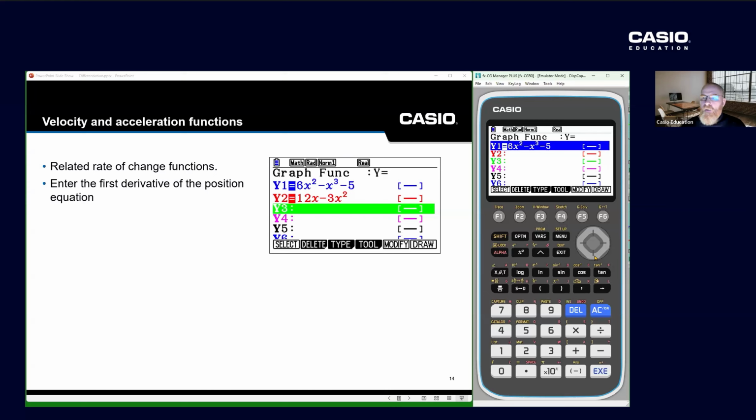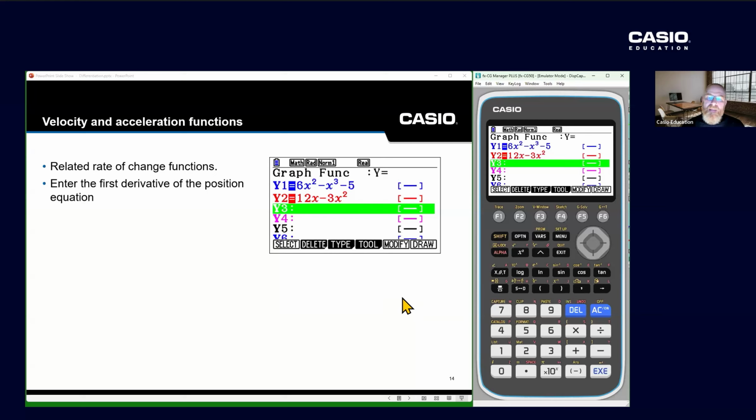Okay. We've got a choice. We can actually enter what we think the first derivative is. Okay. And that might be quite useful. However, there is potential for error at this point. You may not have differentiated correctly, especially if it's a more interesting function.